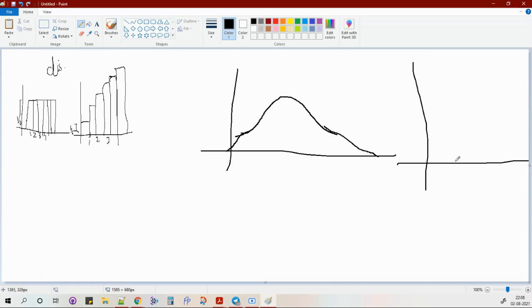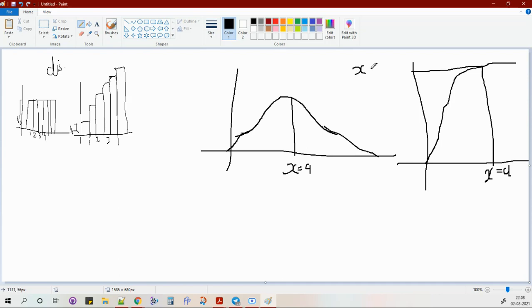The CDF at any point is nothing but the integration up to that point, right? To get the CDF at this point, x equal to a, this CDF value shows the probability of x being less than or equal to a.